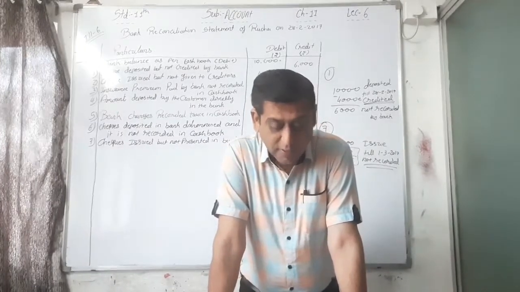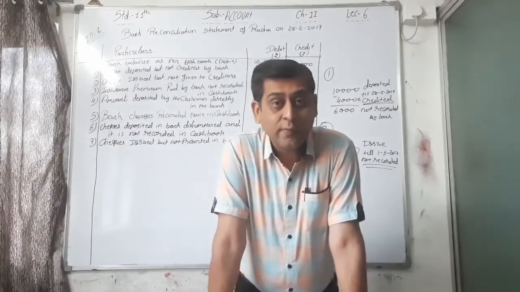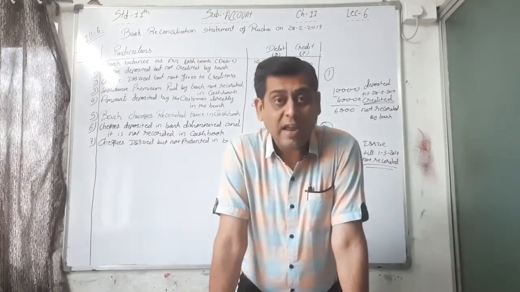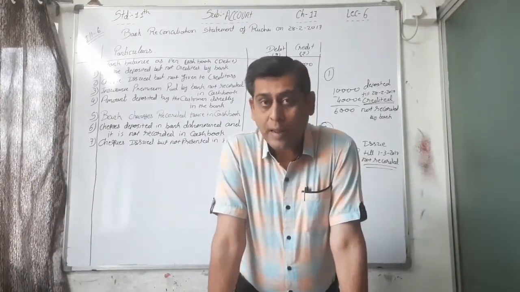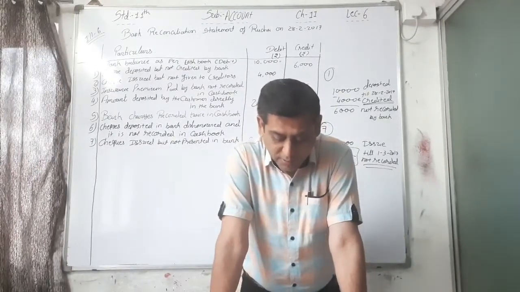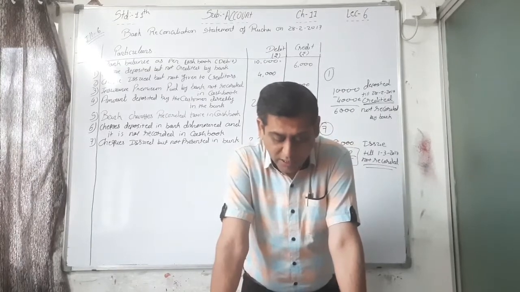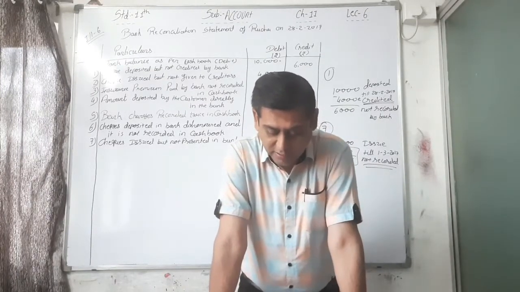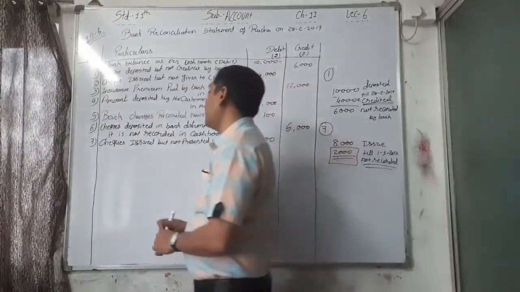This is the 8th point. Here just an explanation is given, and you have to write down that explanation, not write any amount in the debit or credit column. See the explanation: as transaction number 8 is not recorded in the cash book and passbook till 28th February, it will not be recorded in the bank reconciliation statement.